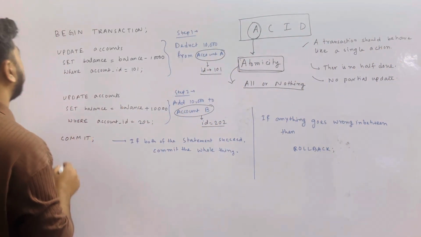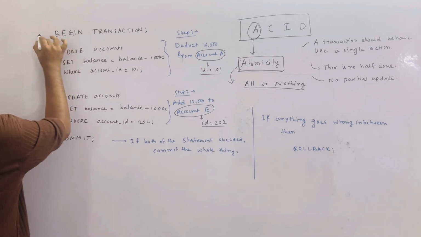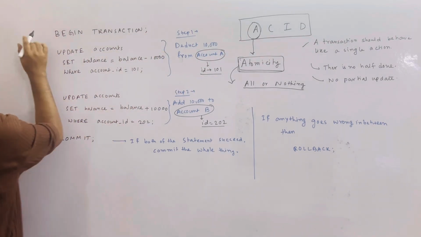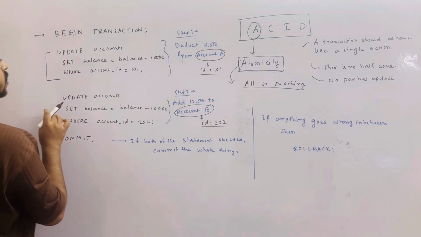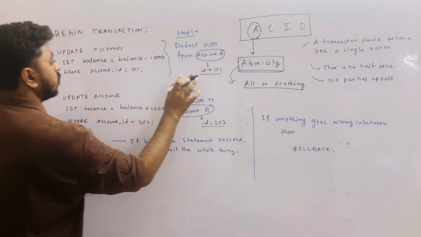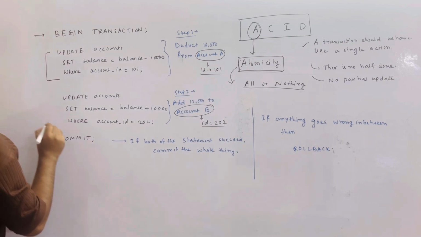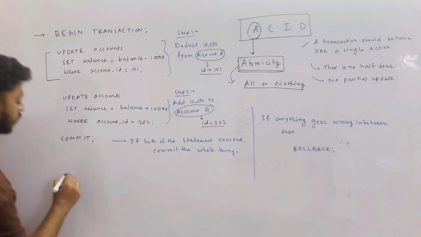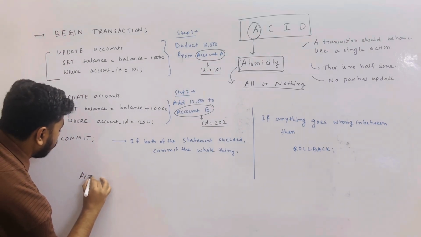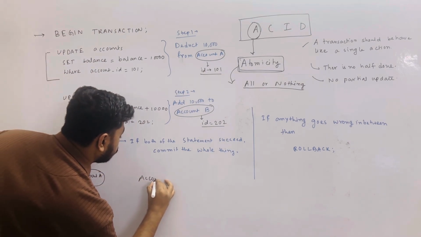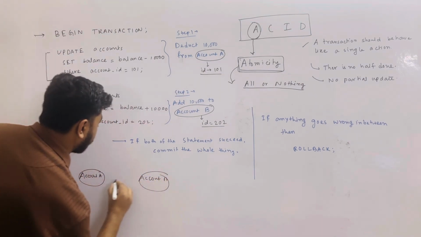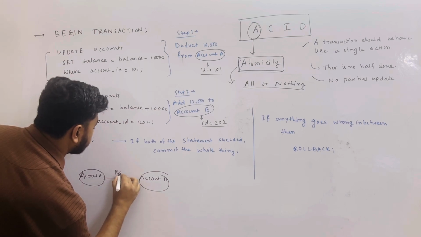For an example, there is a transaction, I have written BEGIN TRANSACTION. So the transaction is getting started from here and this is one statement. What is that statement? The idea is that we want to transfer some money from one account to another account, and the transfer volume is 10,000.